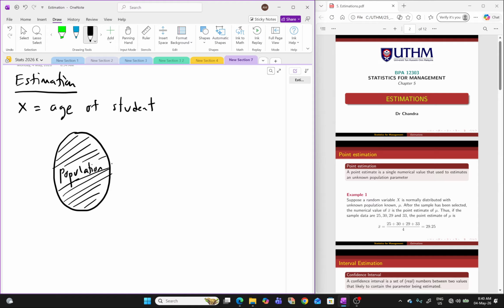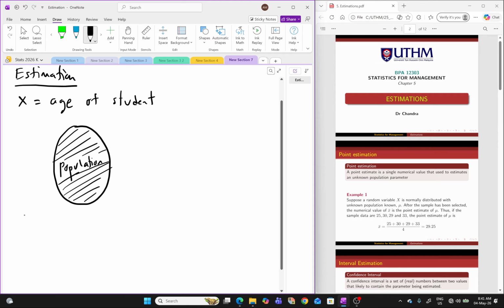The unit or the people I'm considering in my research. Apa saya punya research adalah untuk calculate the mean age, umur, mean age for the first year student from whole Malaysia. Itu adalah saya punya research. So saya kena cari semua first year student in Malaysia. So semua first year student in Malaysia adalah saya punya population. Saya panggil dia sebagai population.